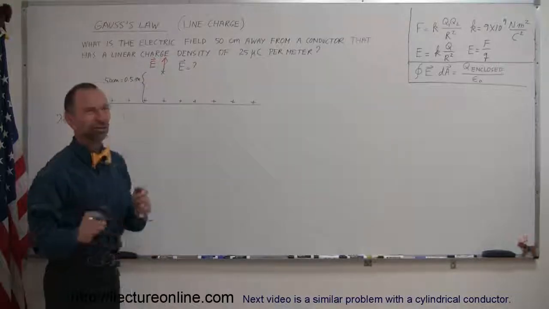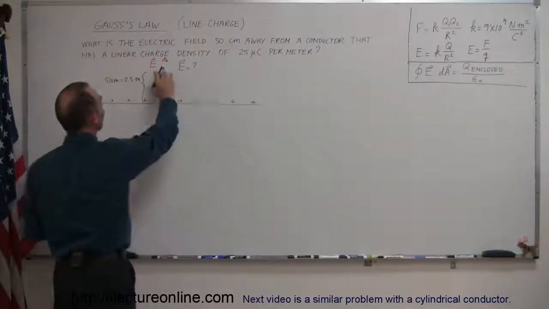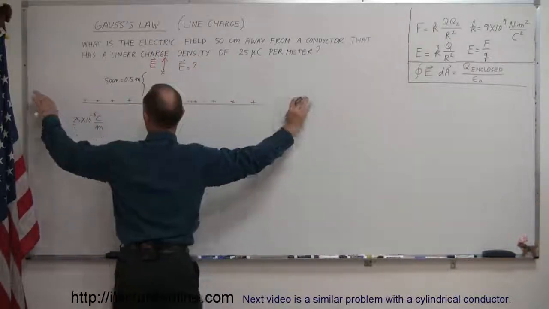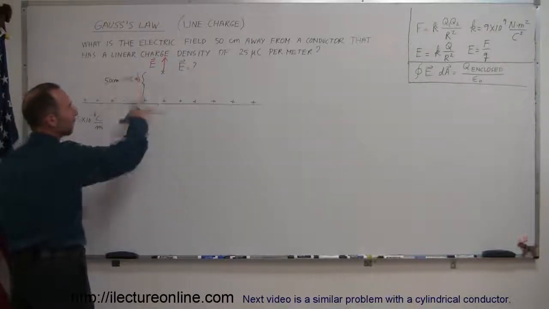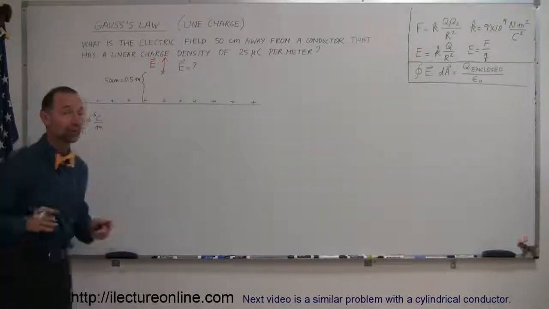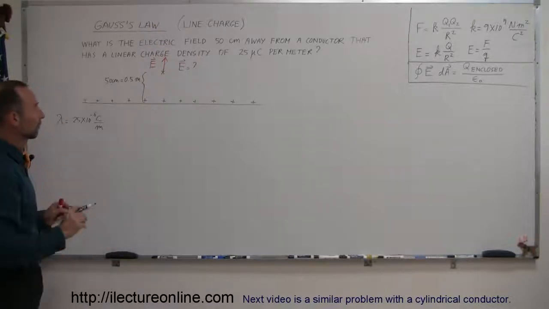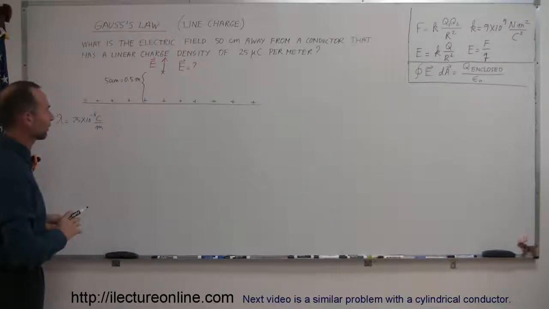Of course, there's no such thing as an infinitely long conductor, but just assume that the conductor is so long that there's nothing beyond a certain distance, so that we can assume, for the sake of doing the problem, that we don't need to worry about the edge effects of the conductor. Otherwise, the problem becomes a lot harder.